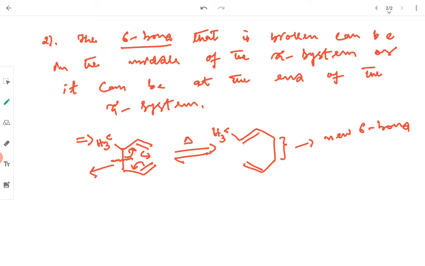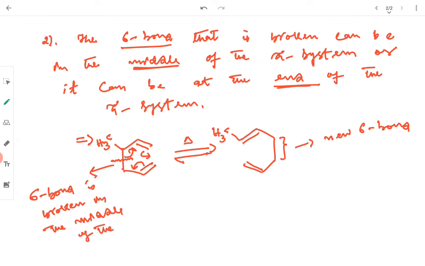So that's why I said that this sigma bond can be in the middle of the molecule, or it can be at the end of the molecule, at the end of the pi system. So here I can write sigma bond is broken in the middle of the pi system.